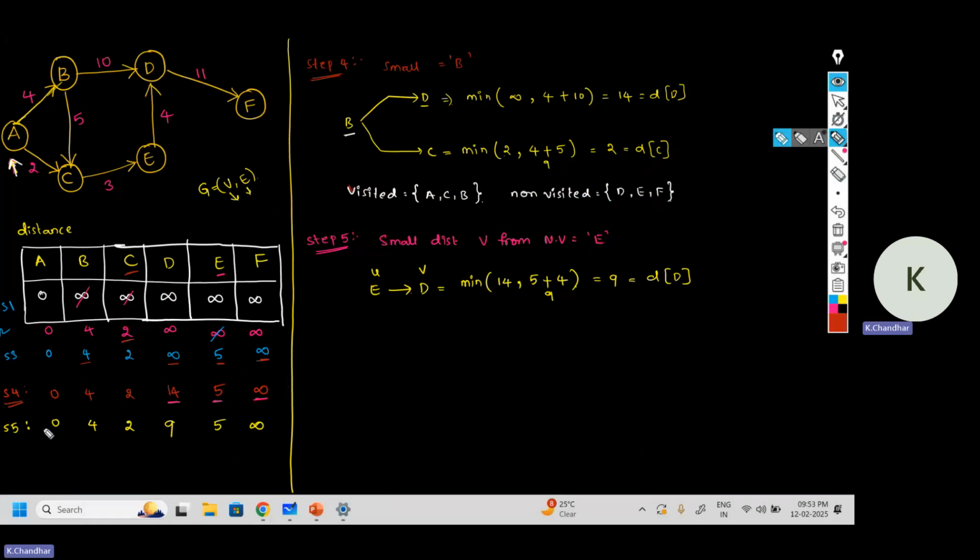Next, after updating these array values at step 5, we need to write the visited and non-visited vertices.